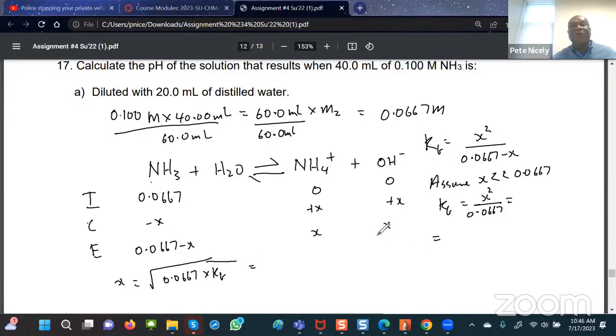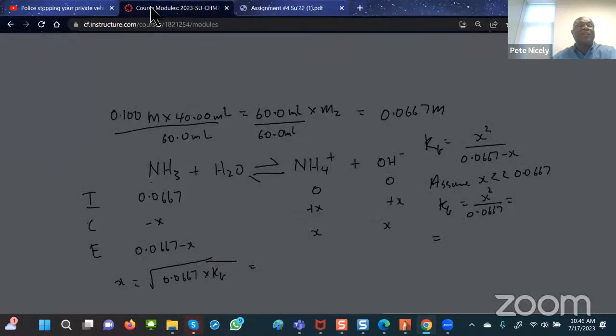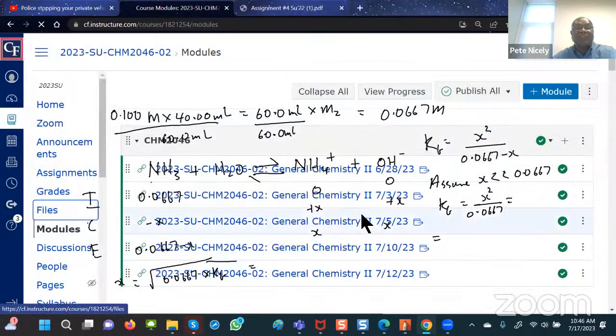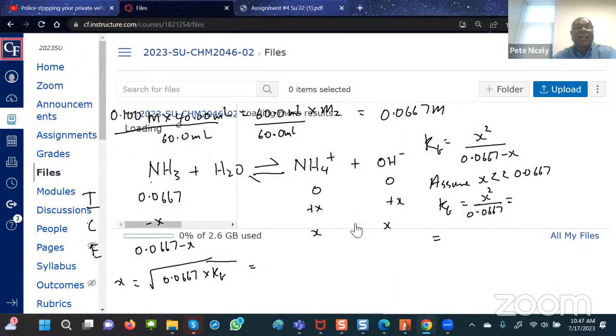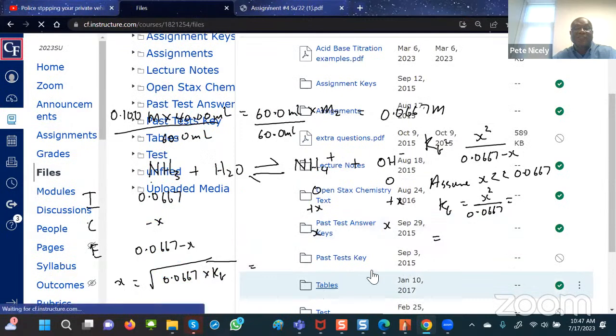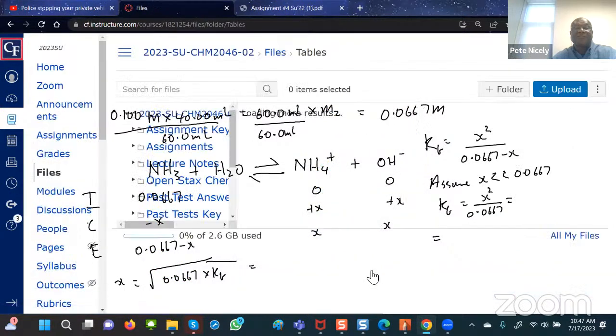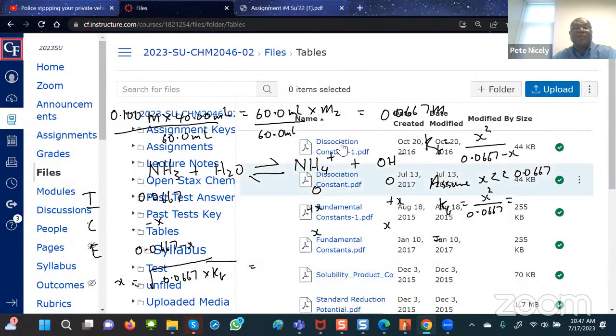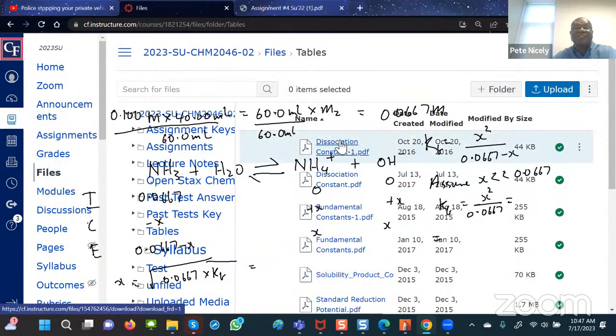Now, KB would have to be given to you, and it would be available in the tables. I think I told you where it's located. If you go to the Canvas page, go to Files, and go to Tables, and go to where it says dissociation constant.